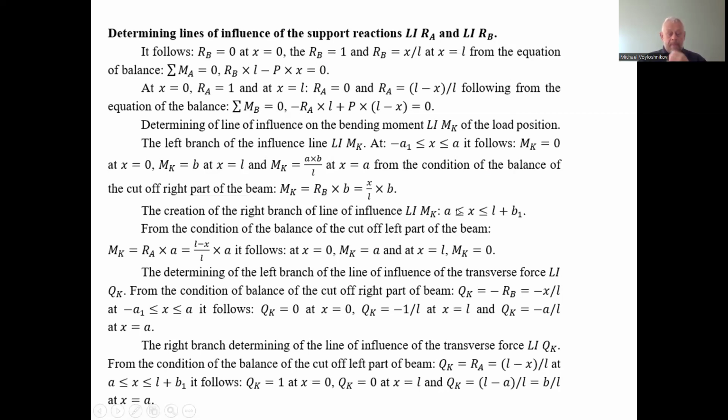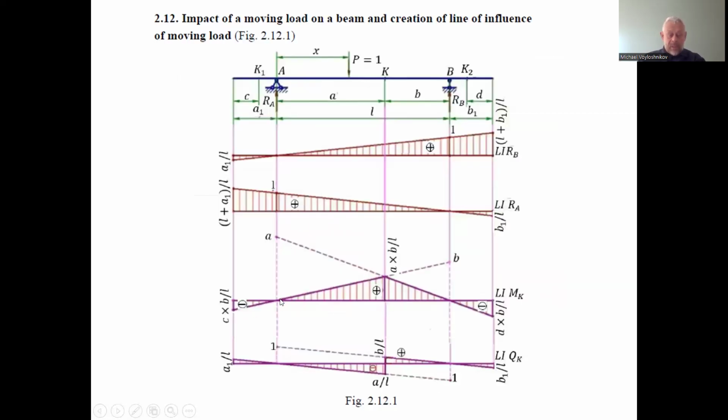Cutting off the right part of the beam using the section method, we find three points: M_K equals 0 at x equals 0, M_K equals B at x equals L, and M_K equals A times B divided by L. We have these points, and the point at B is just assumed; it is not on the line of influence, because that is another branch, but we put it here as a result of the calculation.